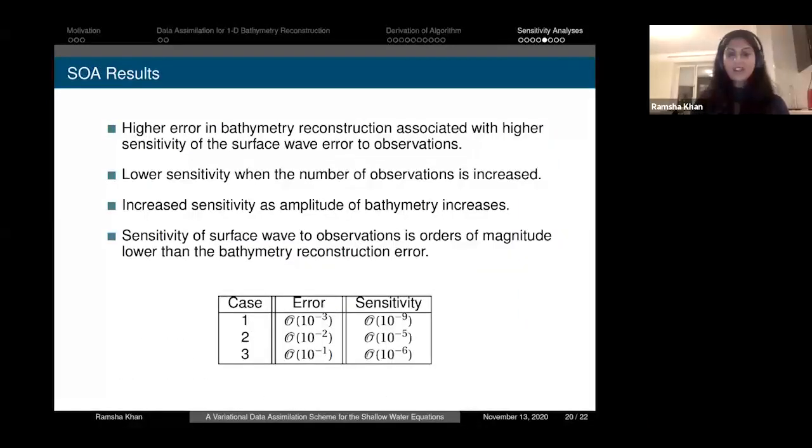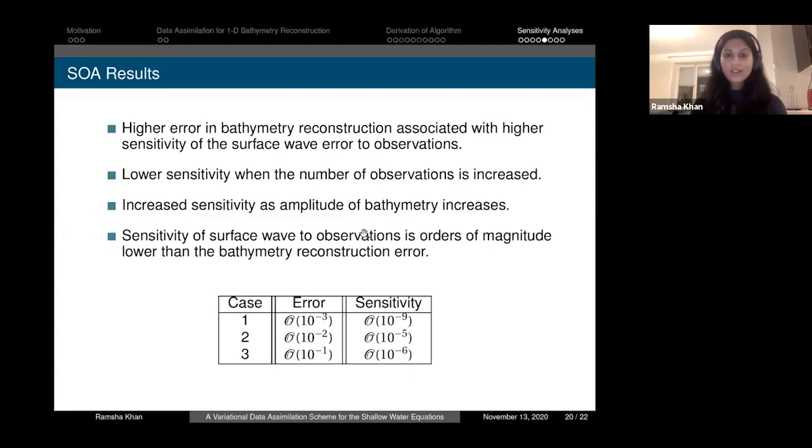And so key results we saw in there was that a higher error in the reconstructed bathymetry was associated with a higher sensitivity of the surface wave to observations. However, again, as we saw, having a higher number of observations improved not only the reconstruction of the bathymetry, but it also gave us a lower sensitivity of the surface wave to the observations.